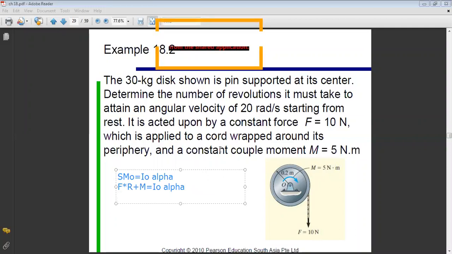However, because I have final velocity, initial velocity, and alpha, I can say omega final squared minus omega initial squared, which is 0 because it starts from rest, equals 2 alpha times delta theta. In this way, I can calculate delta theta and obtain the same result. Clear? So we can use a combination of chapter 17 and 16 to solve this problem, or we can use work and energy.